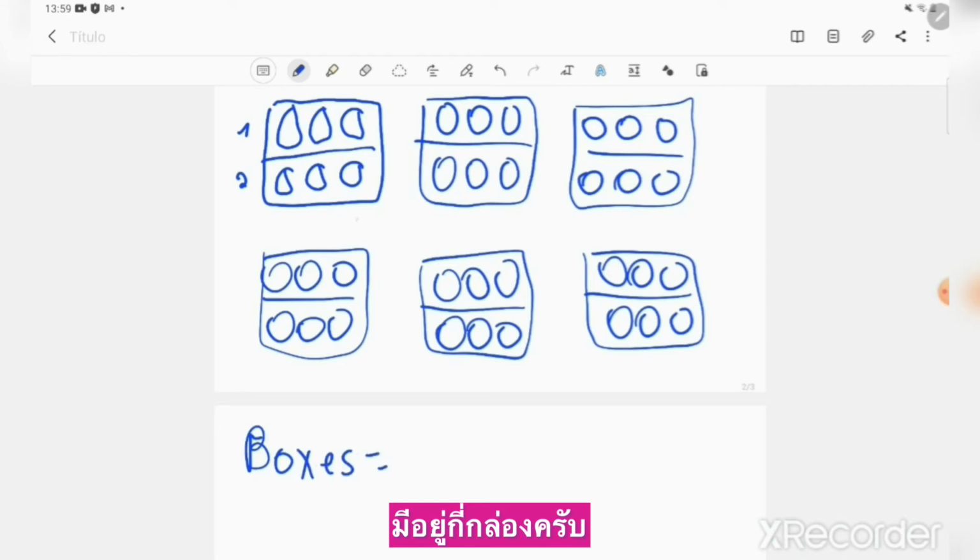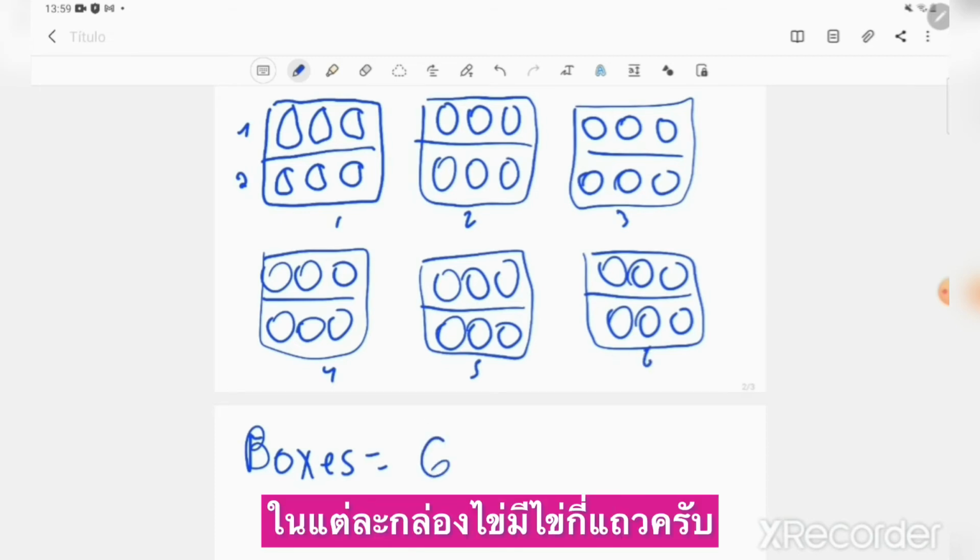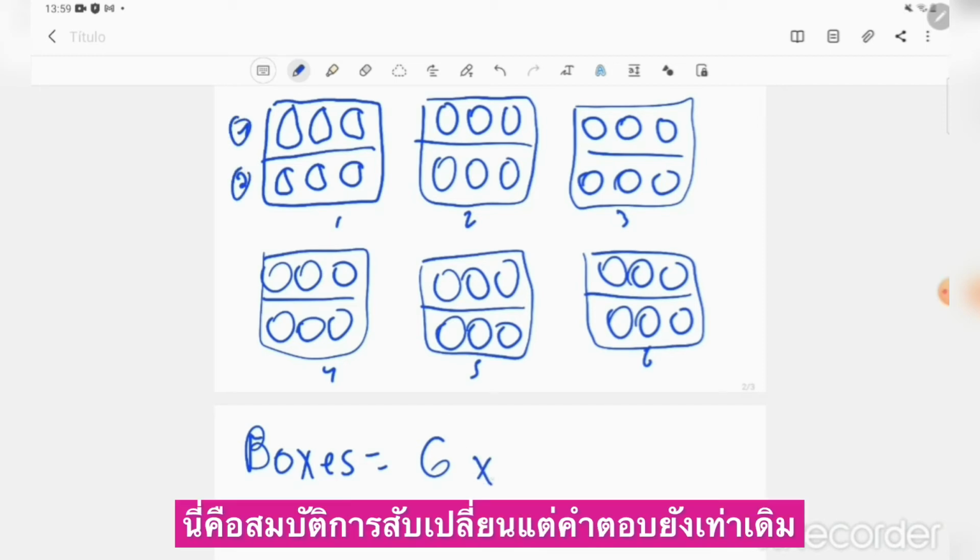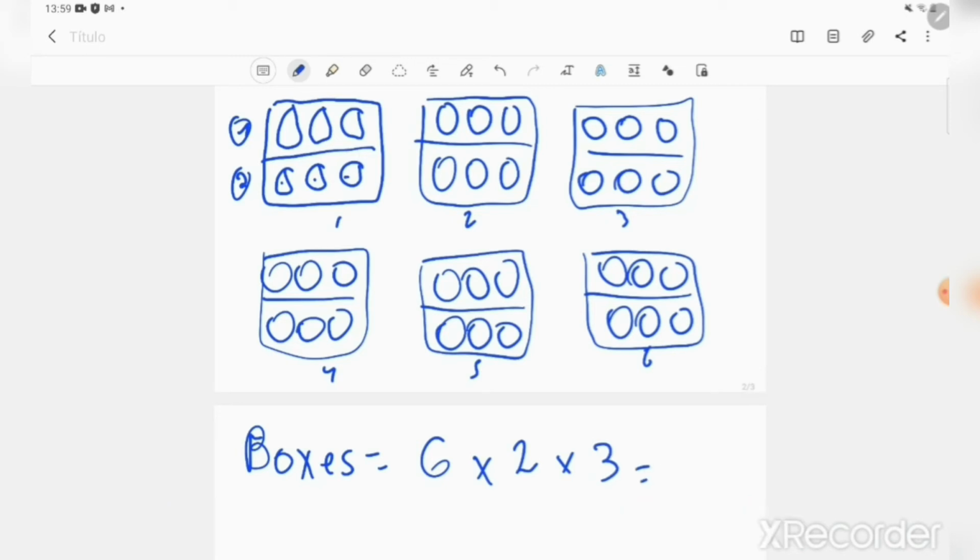How many boxes? 1, 2, 3, 4, 5, 6 boxes. Inside the boxes, how many rows? 2 rows. And inside of 1 row, how many eggs? 1, 2, 3. So here we have the correct multiplication to get the total of eggs that we have.